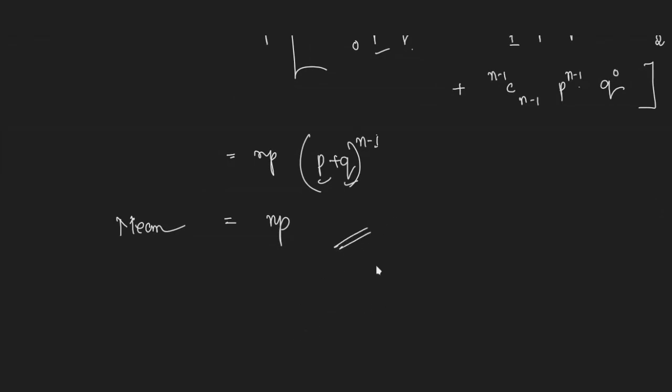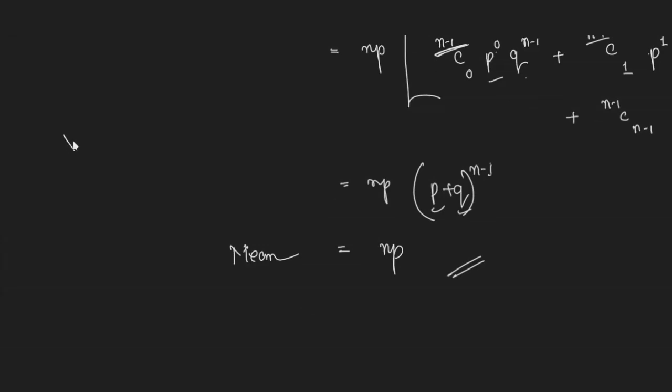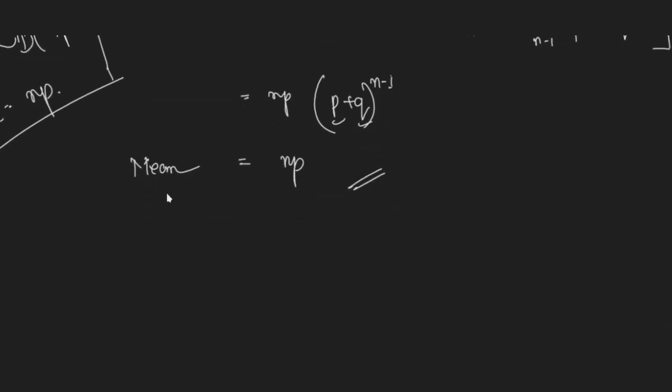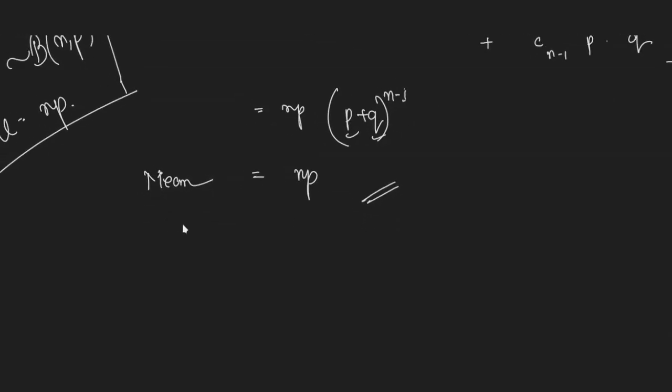If a random variable x follows a binomial distribution, then its mean, x bar, is nothing but n into p. This property is very helpful, because without any calculation you can directly find the arithmetic mean.